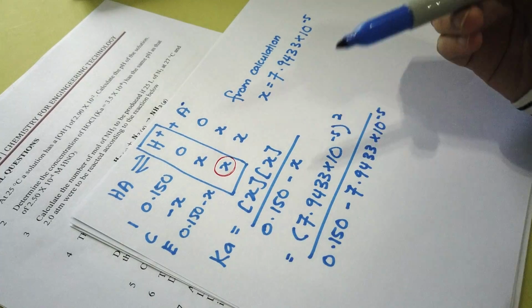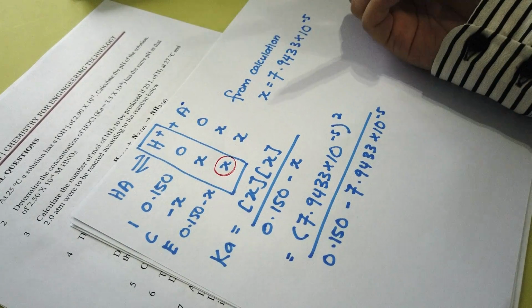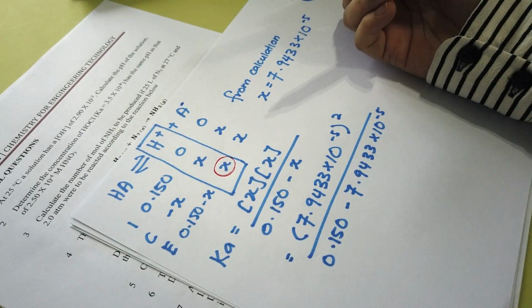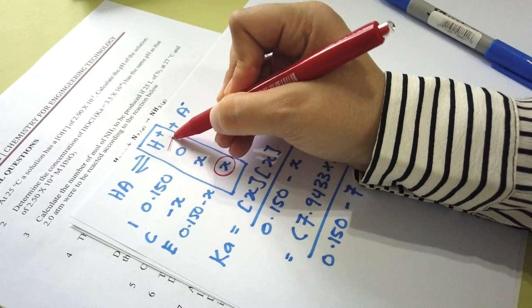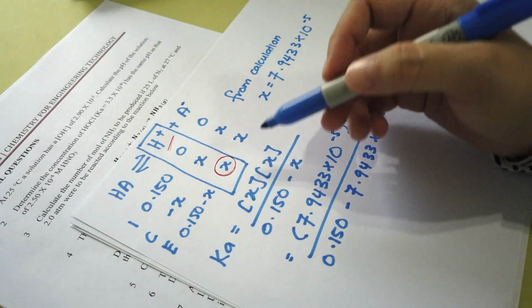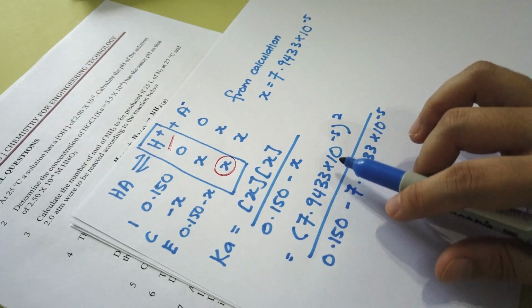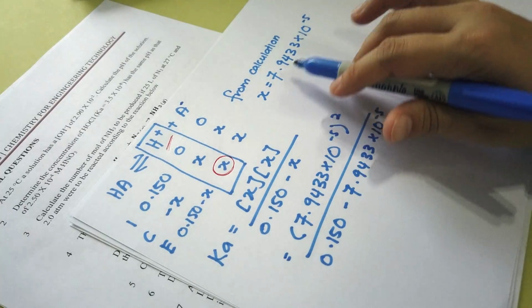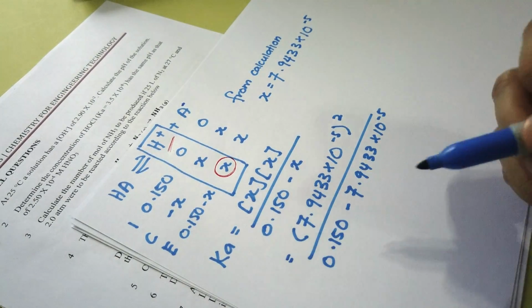So from the calculation before, we already calculated the value of x, which is the concentration of H plus. This one, concentration of H plus from the pH given in the question. Therefore, you know the value of x. So 7.9433 times 10 to the power of negative 5, which is the value of x. You just plug it in your equation for Ka.